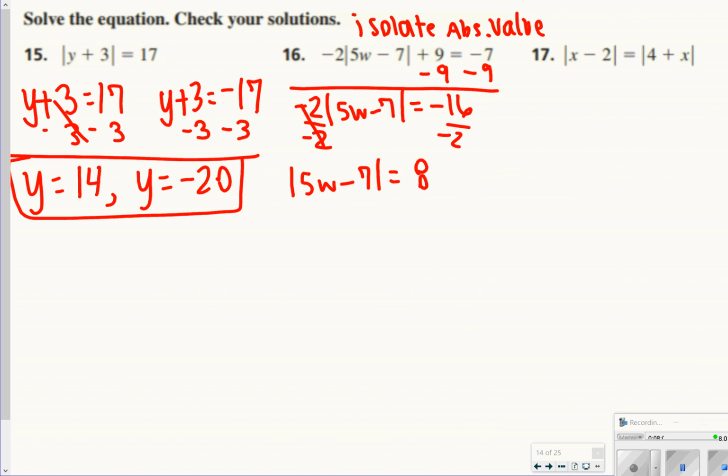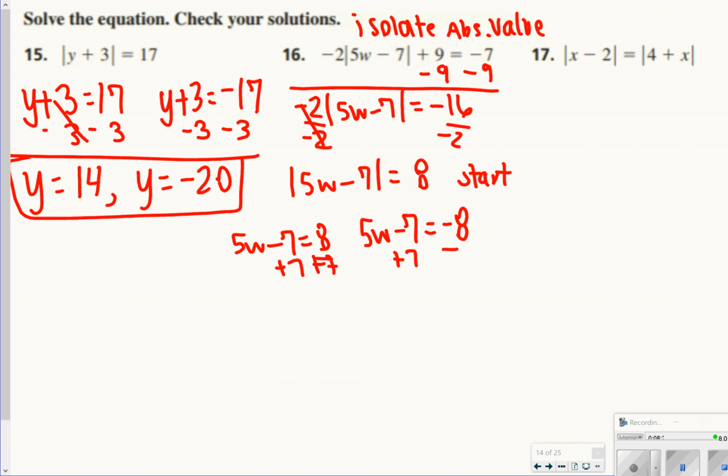Okay, so this is where we start. So I have 5w minus 7 equals 8, and 5w minus 7 equals negative 8. I'm going to go ahead and start solving both of them. So on the left side, I get 5w is equal to 15. That means w is equal to 3.